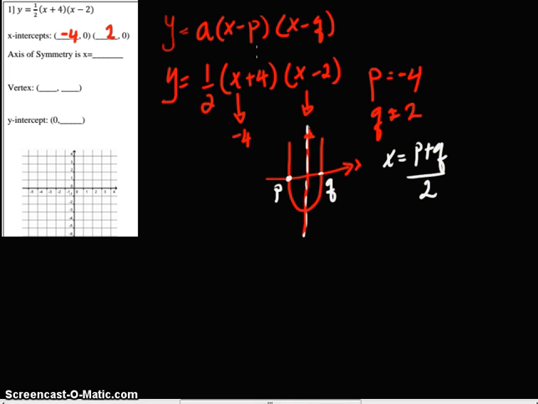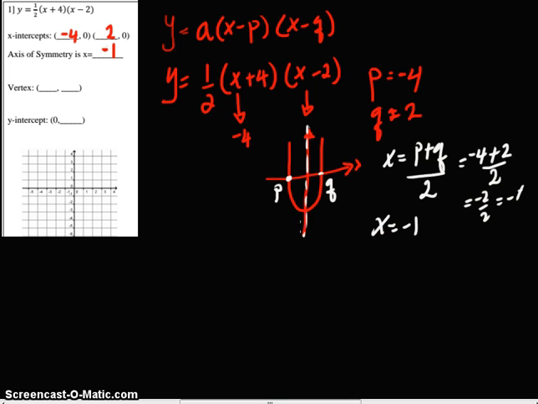So p plus q would be -4 plus 2, divided by 2, which becomes -2 over 2, which becomes -1. So the axis of symmetry in this case is x equals -1.